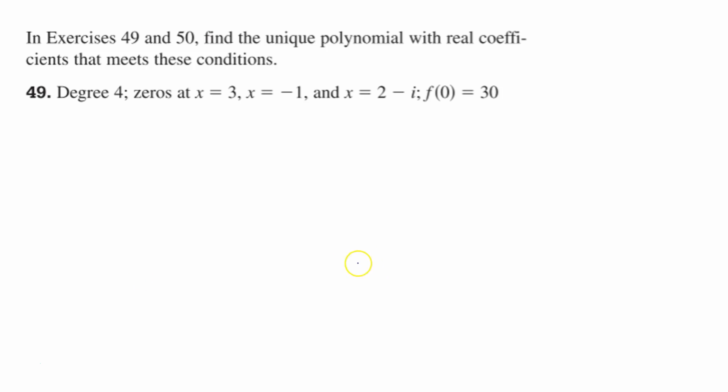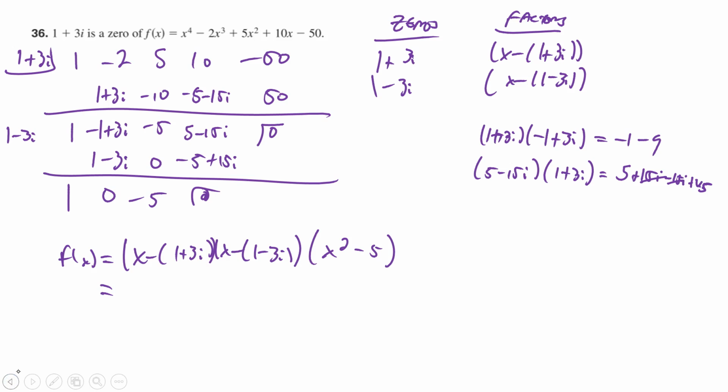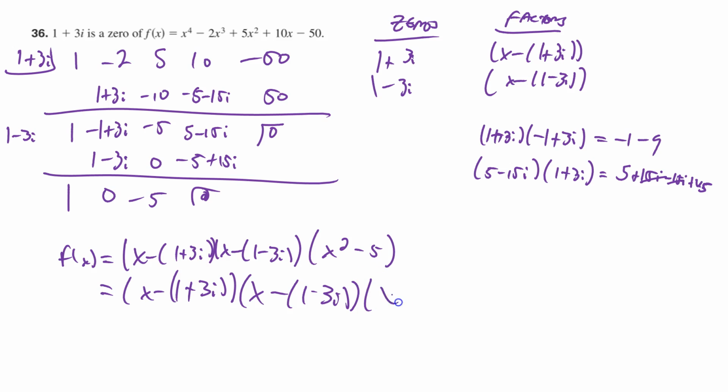Okay, so x squared minus 5 is x plus root 5, x minus root 5. Those factorings kept being so nice. Cool. So I have my last two zeros, root 5 and negative root 5.